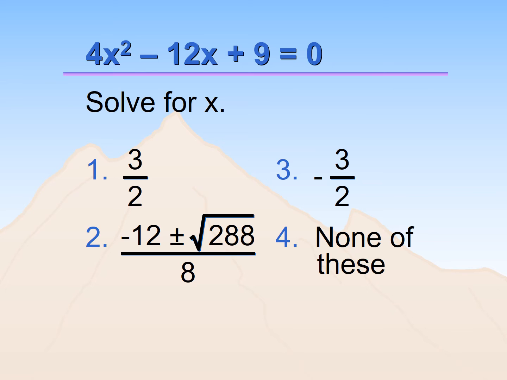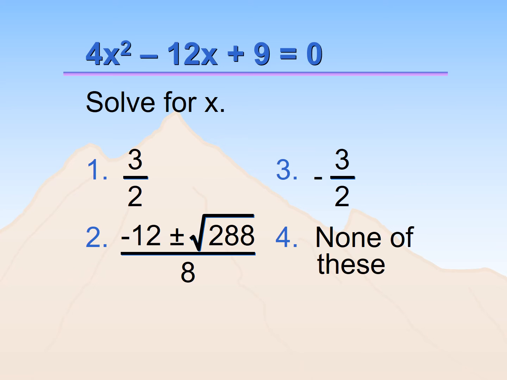So after simplifying that, you would get 12 plus or minus the square root of 144 minus, let's see, 4 times 4 times 9 is 144, all divided by 8.